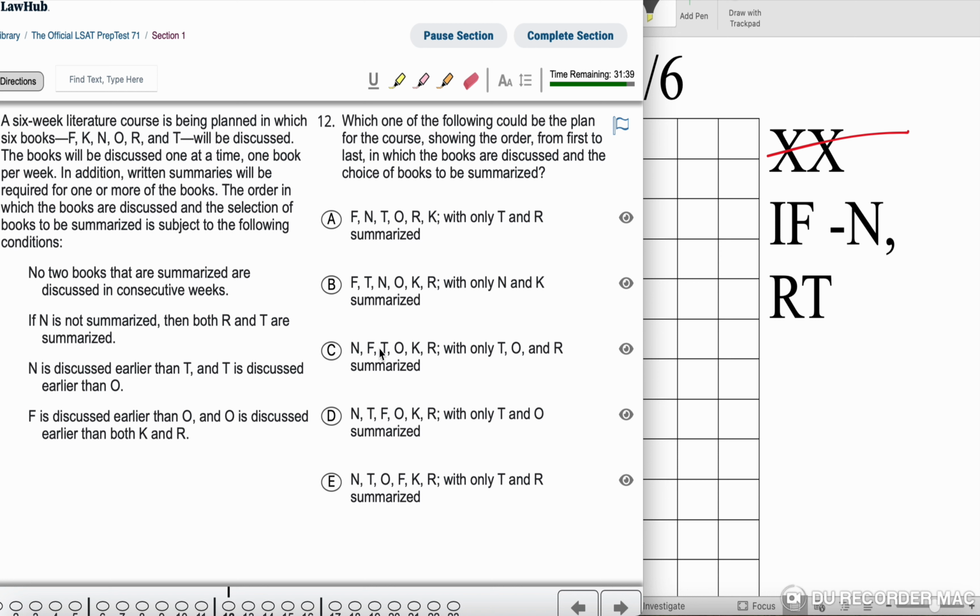This one right here does have it discussed in consecutive weeks. T, O are summarized and are discussed in consecutive weeks. So go ahead and remove it. The first condition takes care of C.